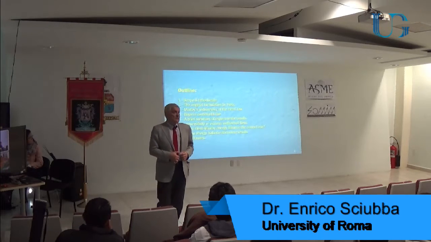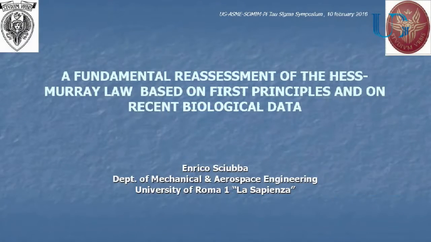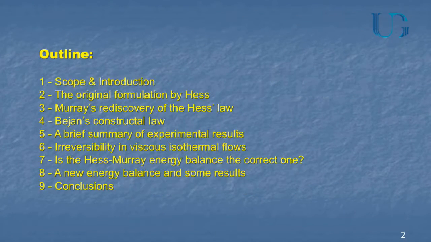The outline of the talk is the following. I will tell you first why I got into this research, and then I will give you the original formulation of a law, which is an allometric law. That's why we talked yesterday about allometric laws, which has been very popular in recent engineering and physics. Then I will give you a result.